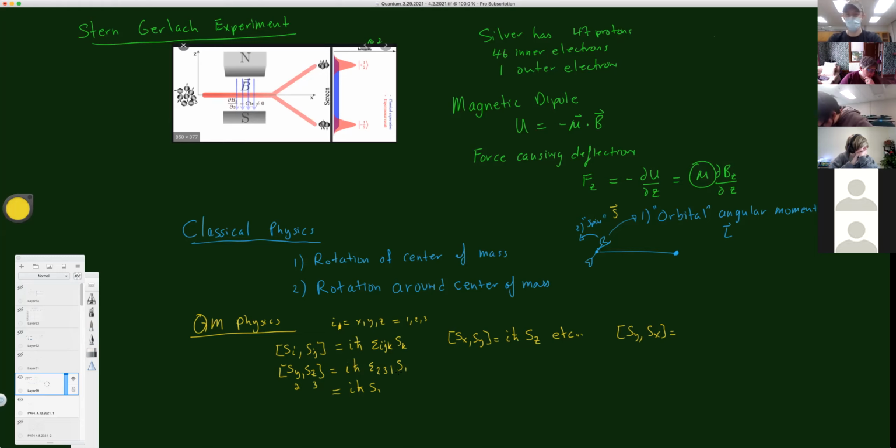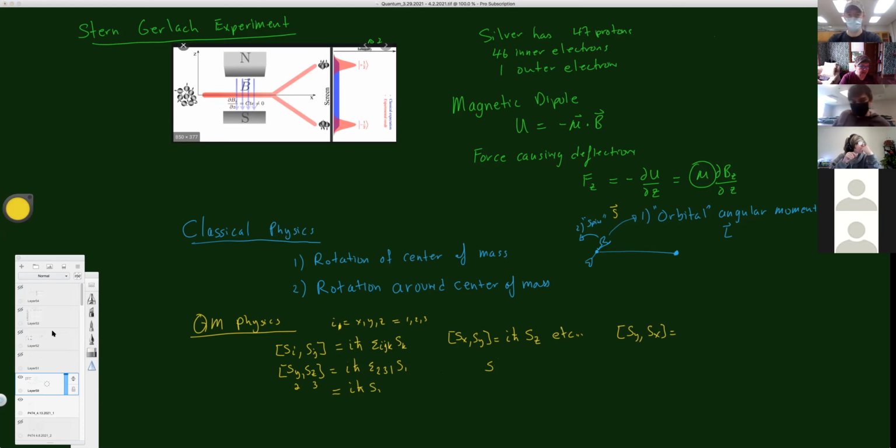Okay. So remember, just like with L, we can have simultaneous eigenfunctions of S squared and any of the components. Again, it's traditional to take S squared and S_z. In fact, I'm not going to go through all the algebra to find these, I'll just write it down.